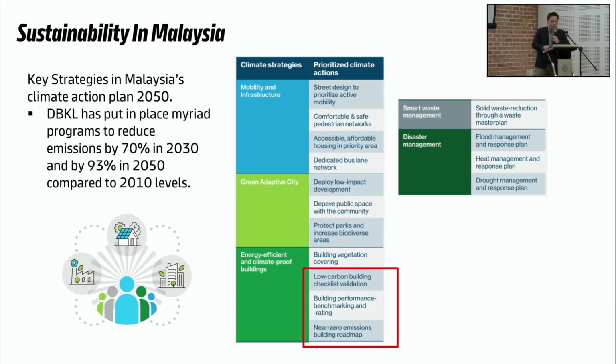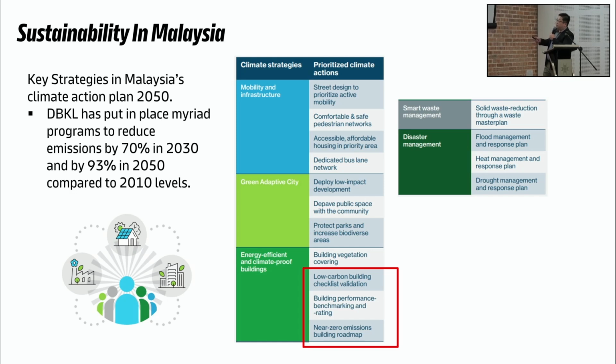Some of the key strategies in the Malaysia Climate Plan 2050, as first started off, they want to reduce emission by 70% in the year 2030, and hopefully 93% in the year 2050 compared to the baseline of 2010 levels. Quite an ambitious task to take on, and something closer to us in the construction and building industry.